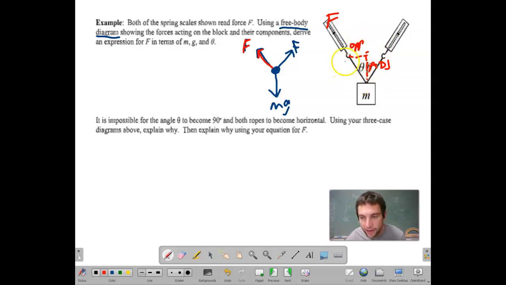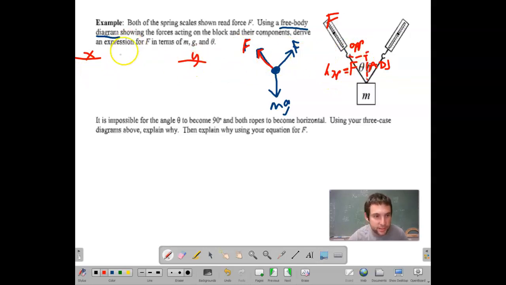And then we have the hypotenuse, which is just F, so the magnitude of the hypotenuse is just F. When we resolve this into its x and y components, in the x component we have opposite and hypotenuse.